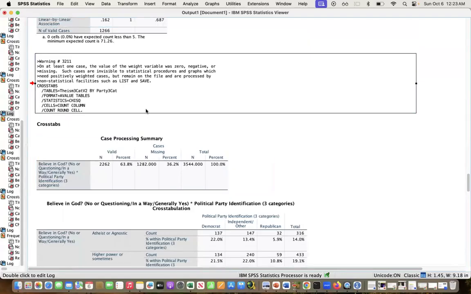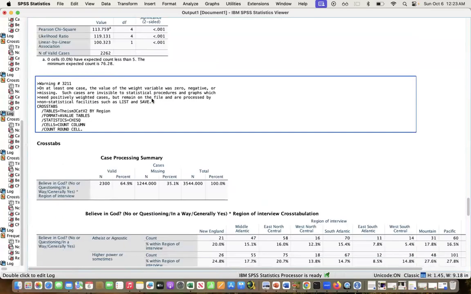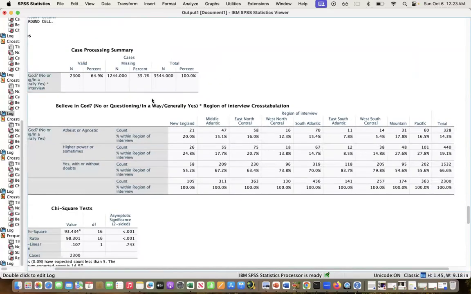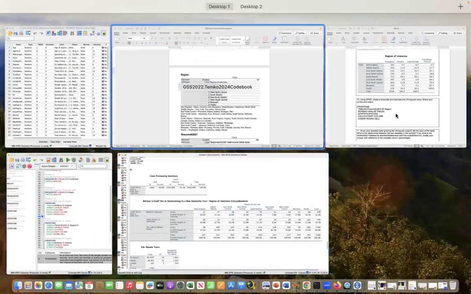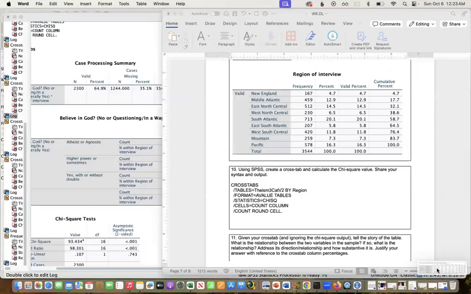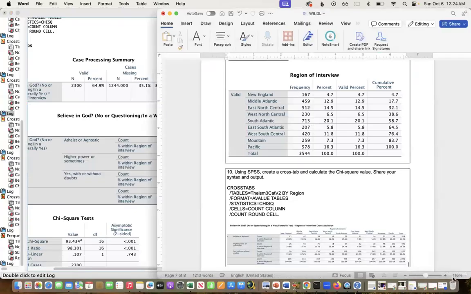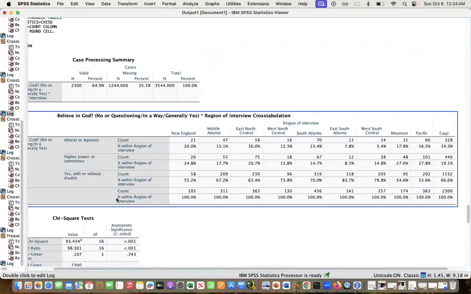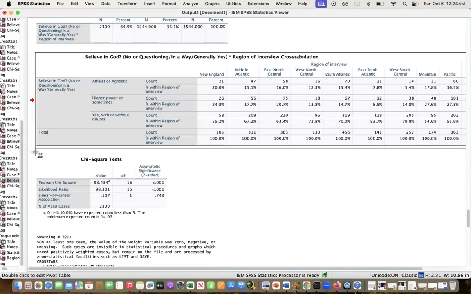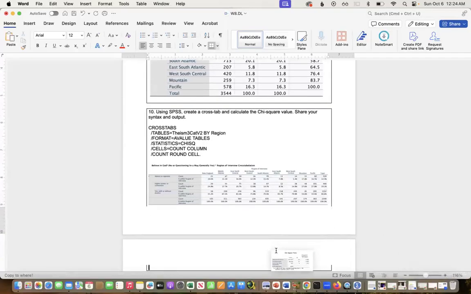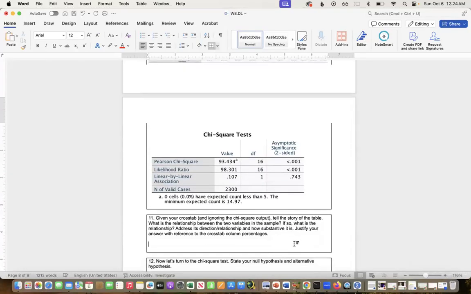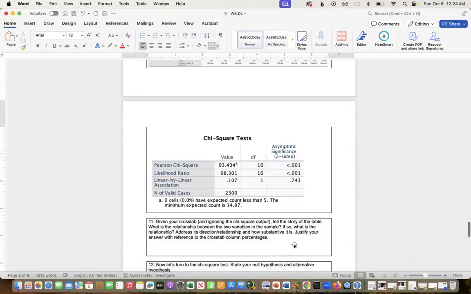Now I can see it. Where is it? Right here. Okay. So what's the story of the table?